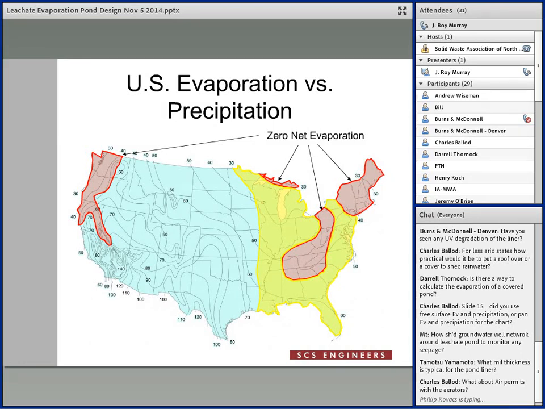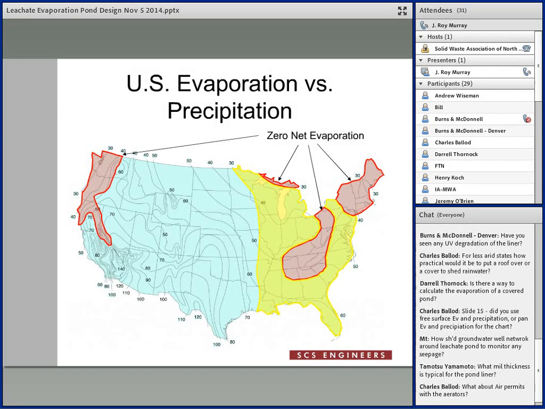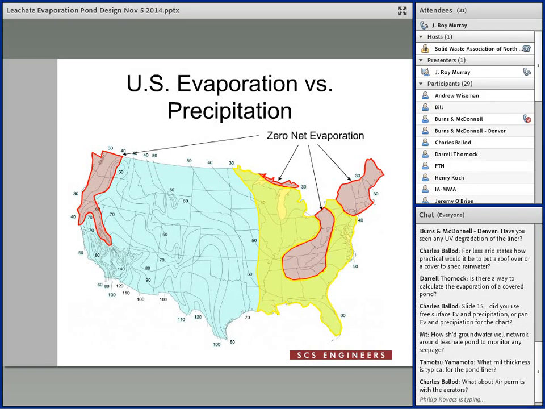So if you positioned it where a leak from that pond wouldn't be picked up by a groundwater monitoring system, then you may want to consider adding additional groundwater monitoring wells or putting in a leak detection system. You have to look at the cost benefit of putting in those wells and monitoring those wells versus the cost of putting in a leak detection system and then monitoring that leak detection system in the ponds.